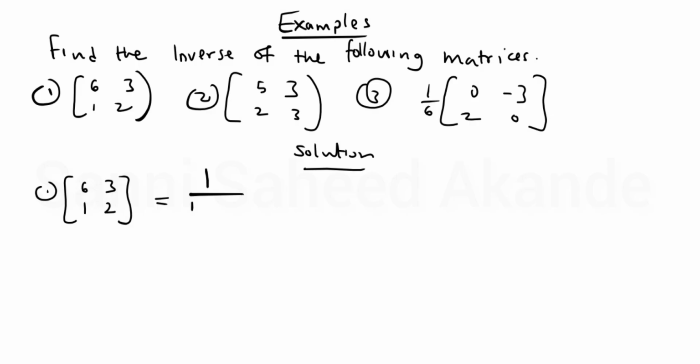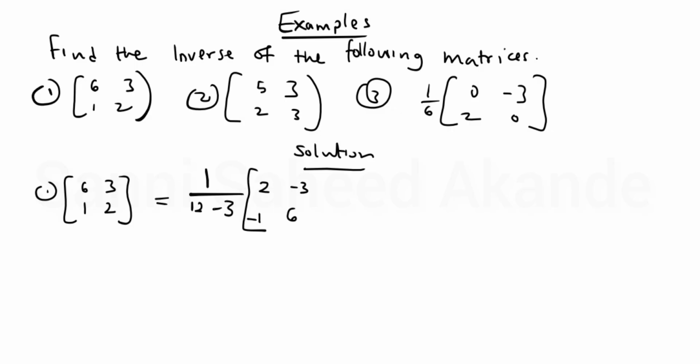Then minus, then we multiply 3 and 1 together diagonally. 3 times 1 is 3. Then multiply by, then we interchange these numbers diagonally. So instead of writing 6 here, we put 2 here. Then here we put 6. Then this plus 3 we change to minus 3. And then this plus 1 we change to minus 1.